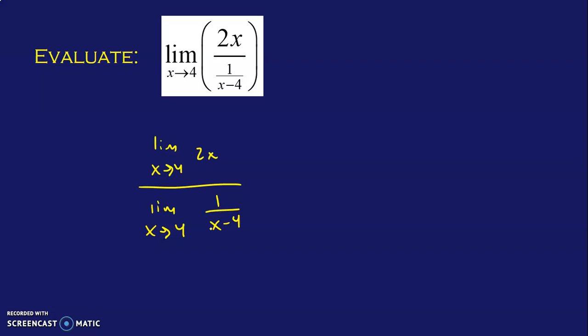Now, some of you are going to think, oh, well, this is a rational function. We move 4 units to the right. The left and right side limits are not the same. So this limit does not exist. Therefore, the whole thing must not exist. But that's where we've got to be a little bit careful. Because on the top, we're going to have a number. And on the bottom, we're going to either have positive or negative infinity.